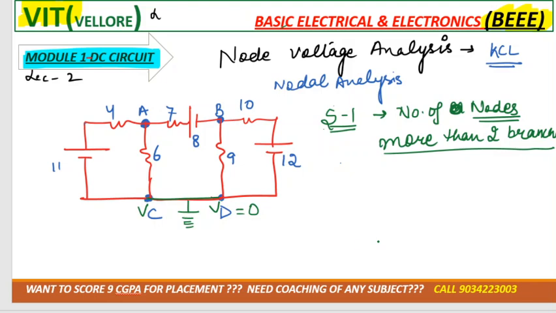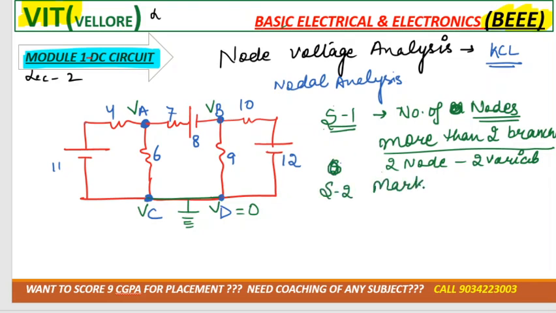Correct? Understood? Now step number 1 is done. Two nodes means two variables and two equations. One variable is VA and the other variable is VB. Now move towards step number 2.